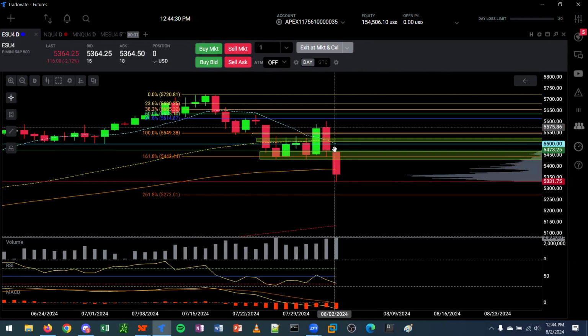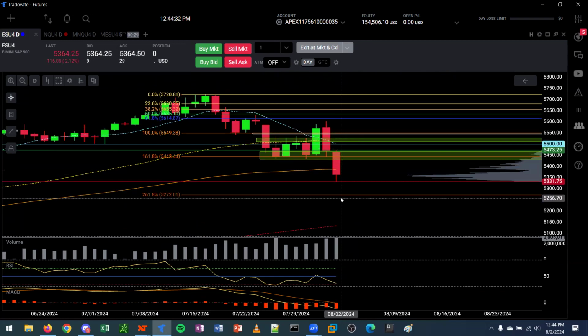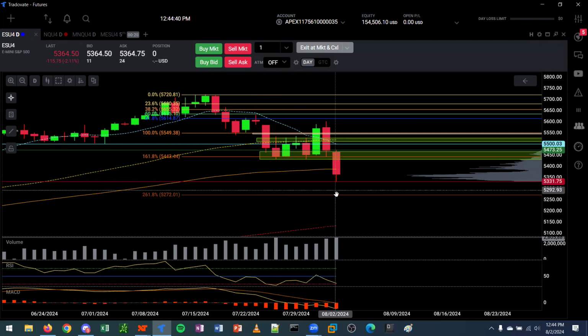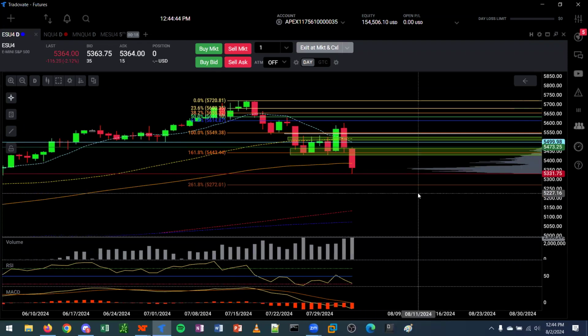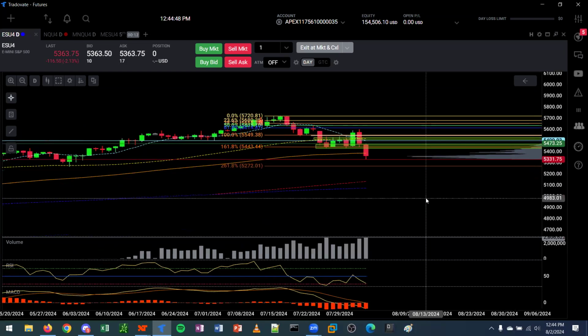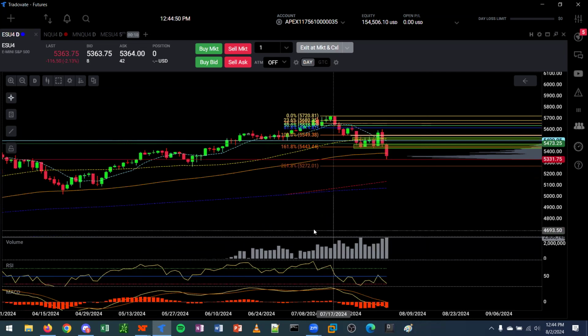Yep. So it went to the 100, it retraced to the 50, it went down to the 1618, it retraced back to the 100. Now it's headed for the 2618, and in the cycle of the moving averages as well. Yep. So that's why I was looking for a retrace of the 50 here.